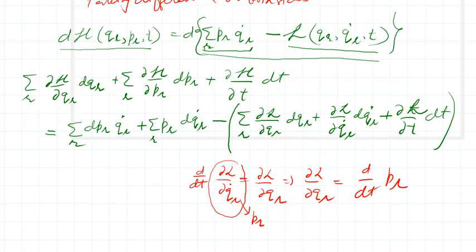So curly L over curly QR dot is PR, and curly L over curly QR comes out to be PR dot.